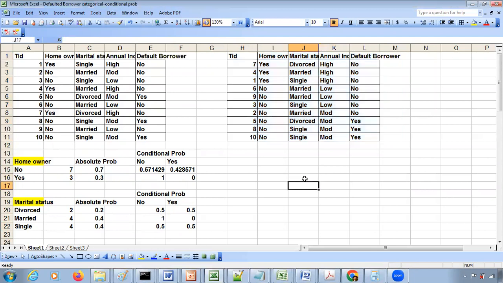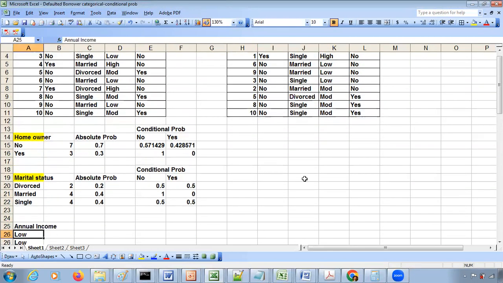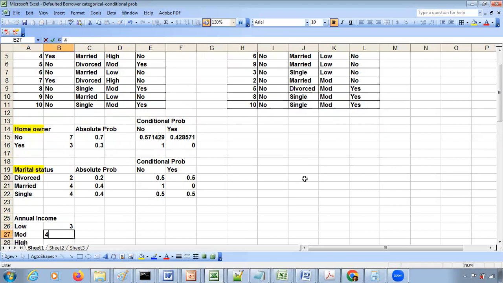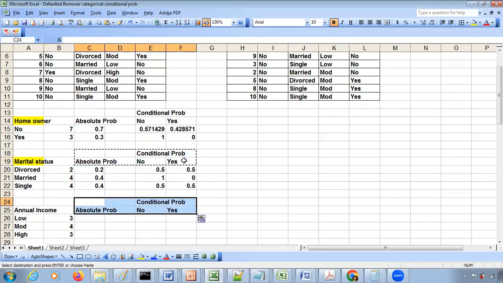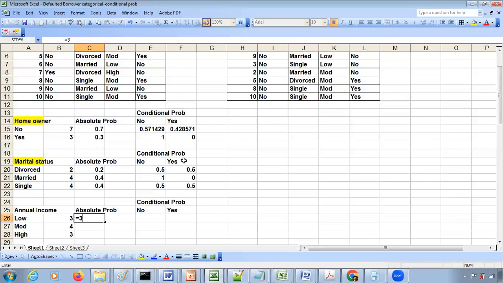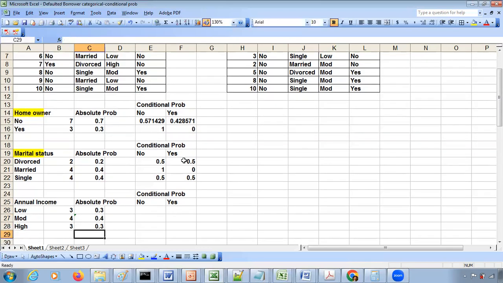So we have 3 lows, 4 moderate, and 3 highs. So that will be 3/10, 4/10, and 3/10.